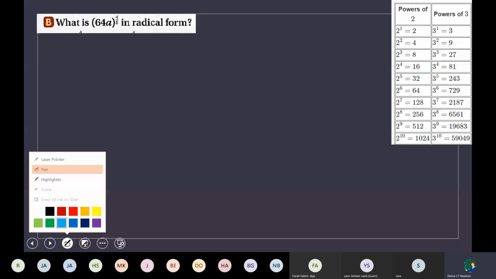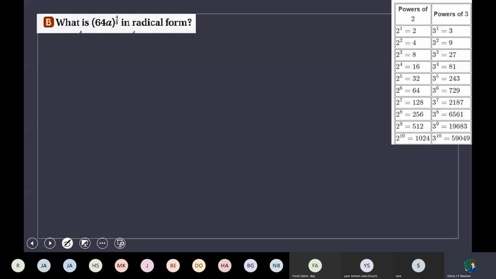Now, also, we stopped in this one. We said, how can we rewrite now 64a raised to the power 4 over 5 in radical form? Now, the first step here, I will rewrite it as 64a raised to the power 4 over 5.